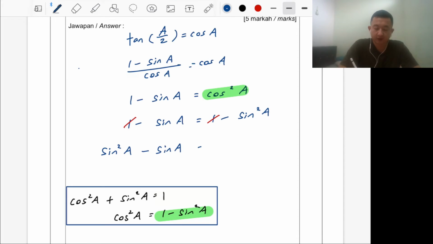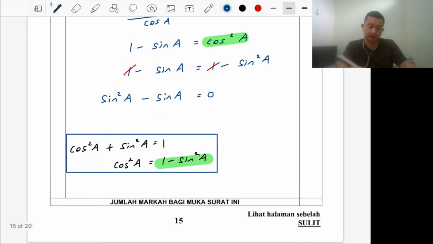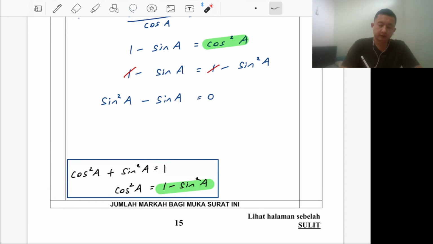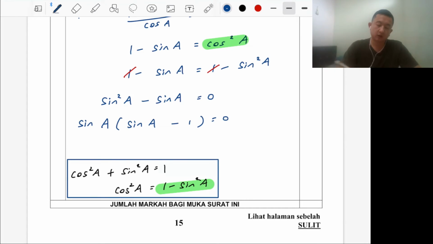This is a quadratic, people. This is a quadratic, everyone. This is a quadratic, so you can solve it by factorizing it. Take out sine a. So there's another sine a here, minus 1 equal to 0.